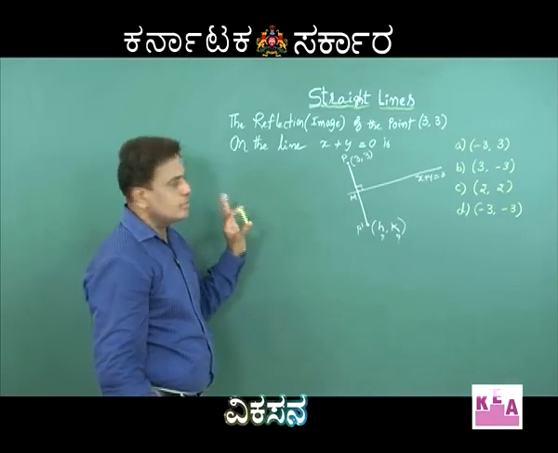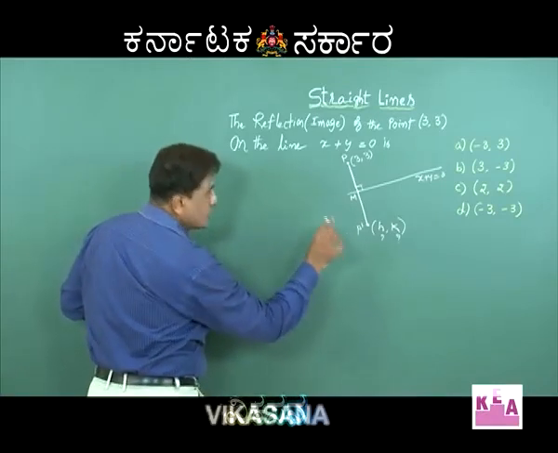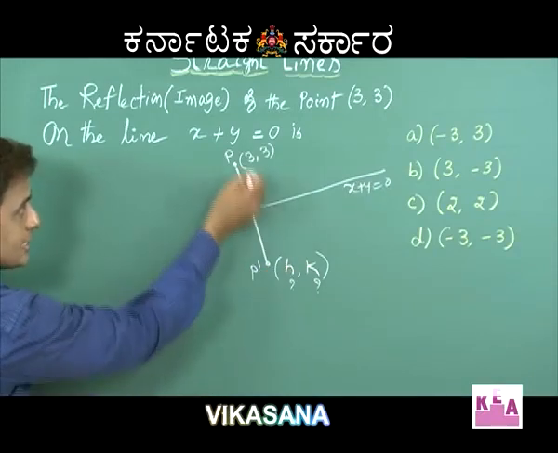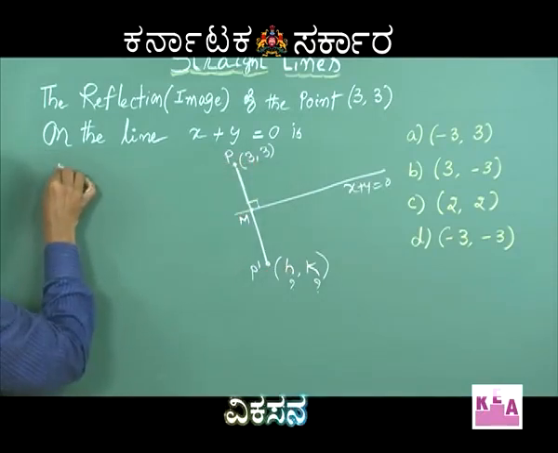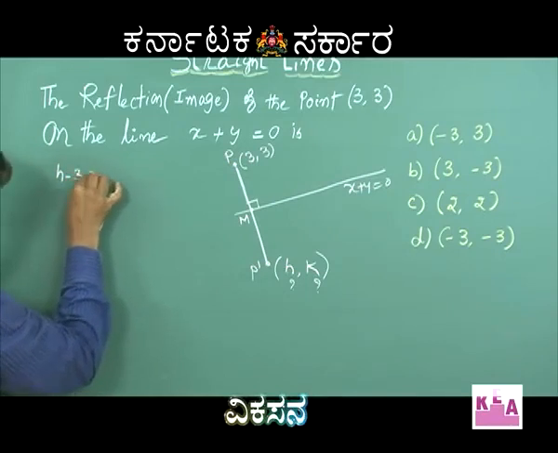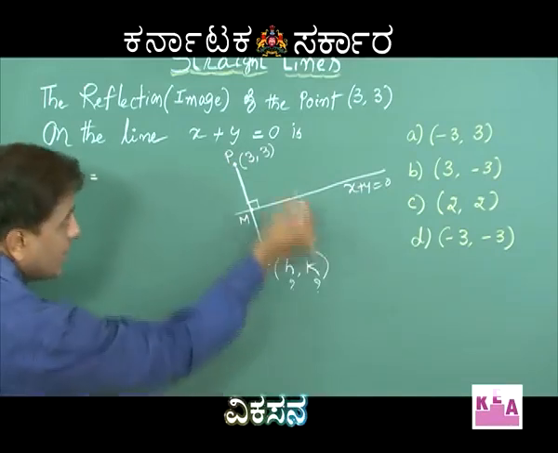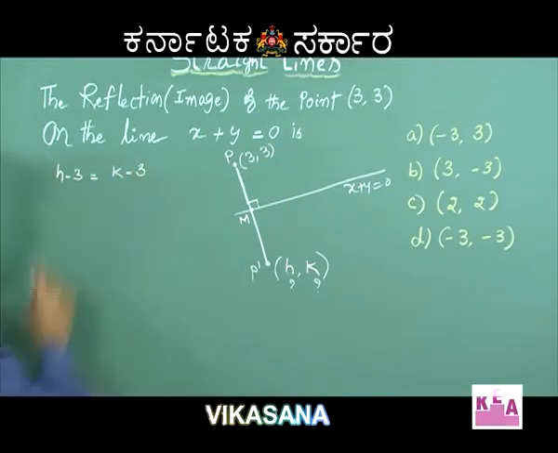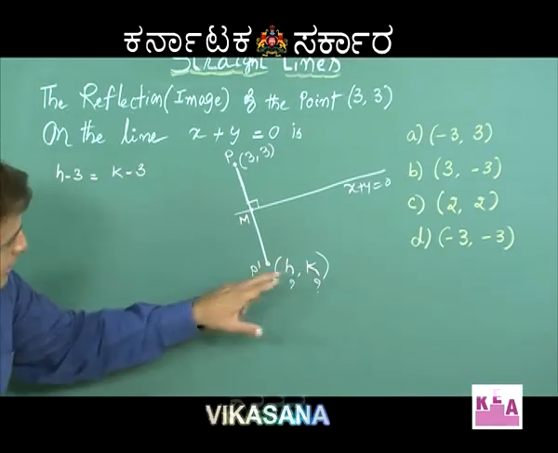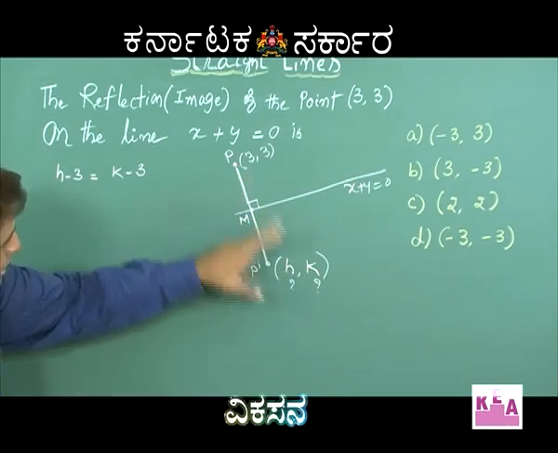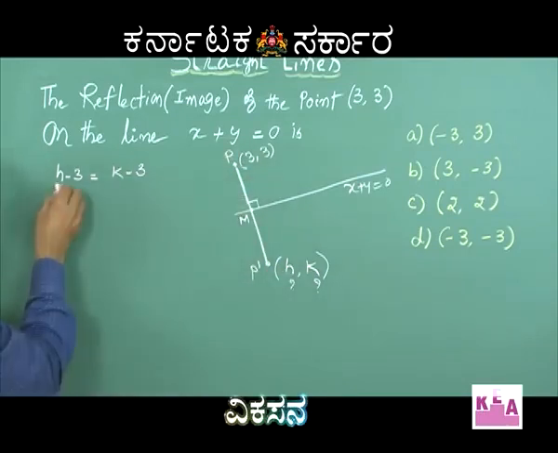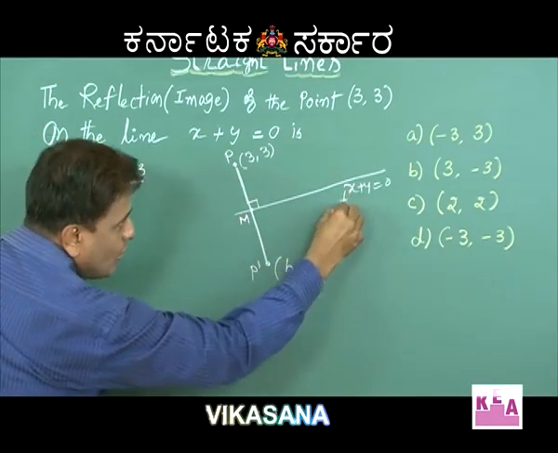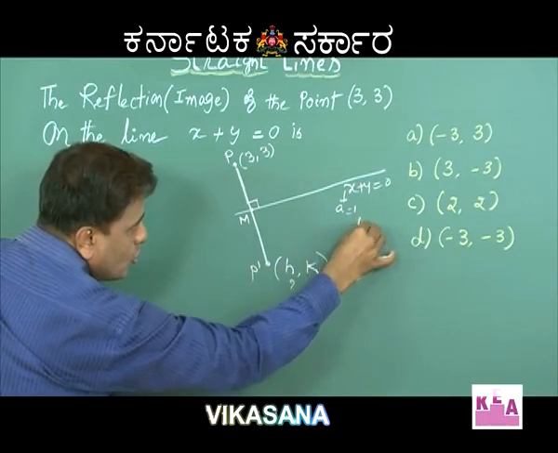The simple technique to find it is, please note down, all the students. First, h minus 3 is equal to k minus 3. We have taken the coordinates of the image as h comma k, and we subtract these coordinates, divided by a and b: here a is 1 and b is also 1.